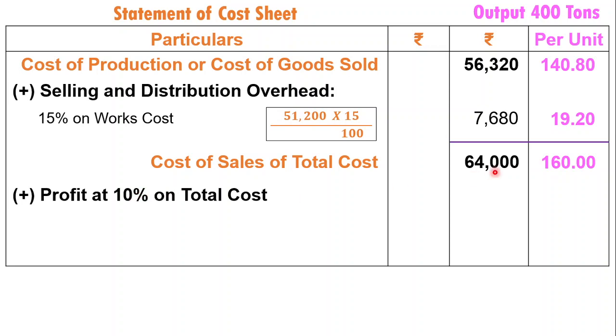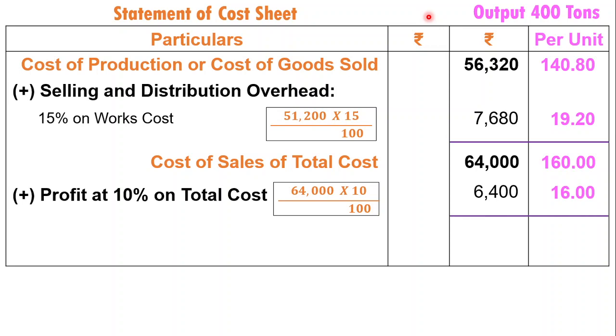So 10% on 64,000 should be the amount of profit. That is 64,000 into 10 divided by 100, that is equal to 6,400. 6,400 is the amount of profit. 6,400 divided by 400 tons, that is equal to 16 rupees per unit or ton.